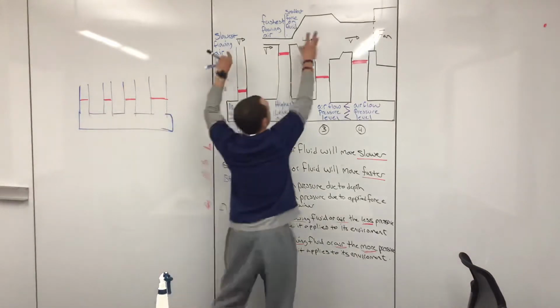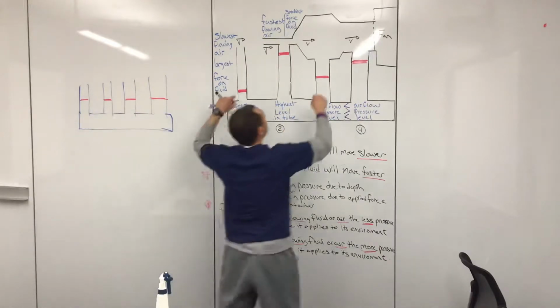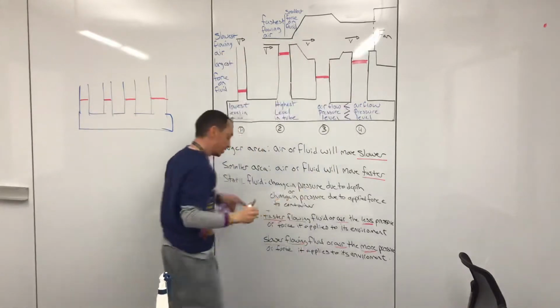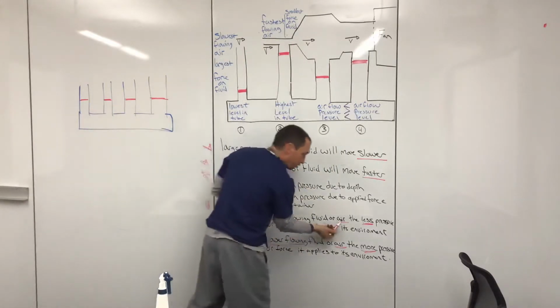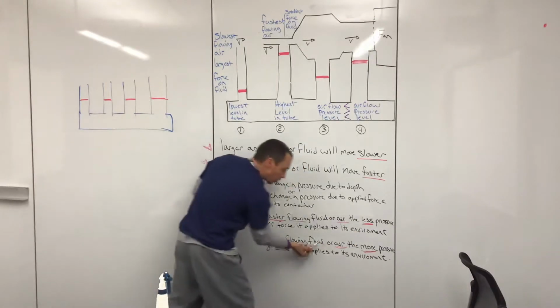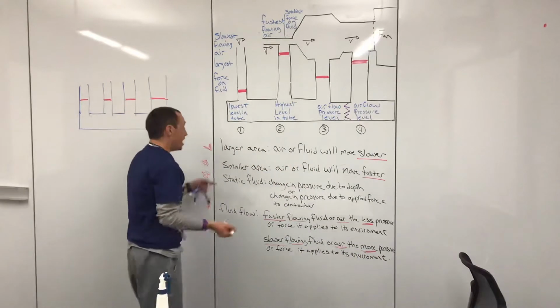So the larger the area, the slower the air flows, and the more pressure it applies to the fluid in these tubes and its environment. Faster flowing fluid or air applies less pressure or force; slower flowing fluid or air applies more. And what did we say up here?